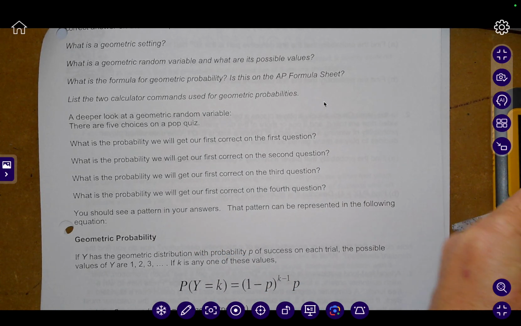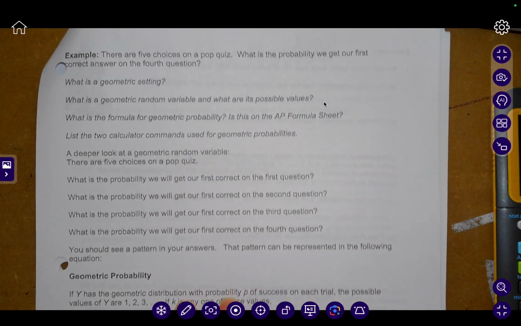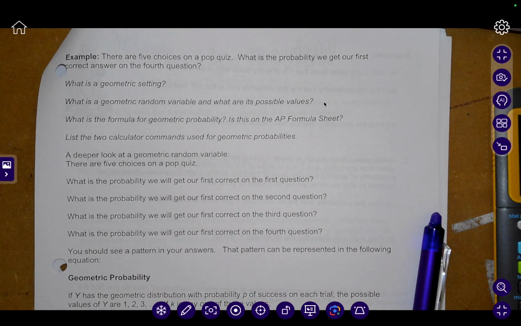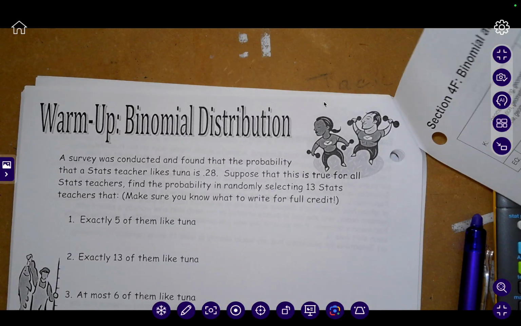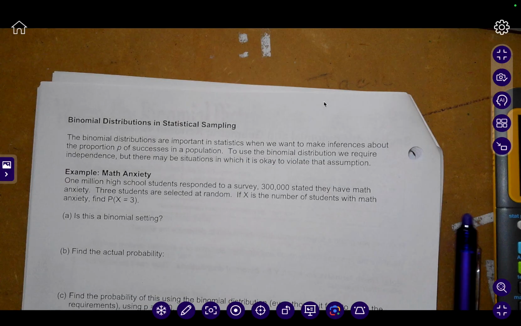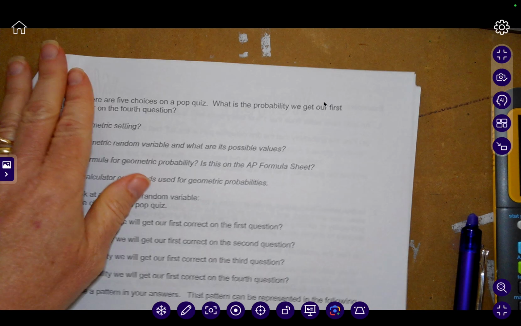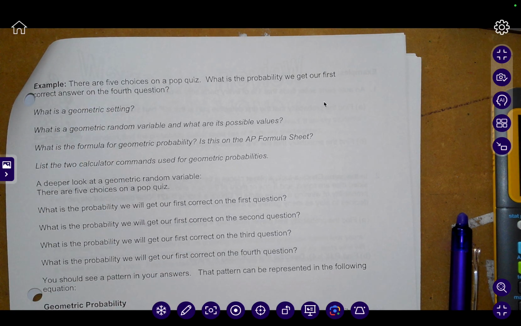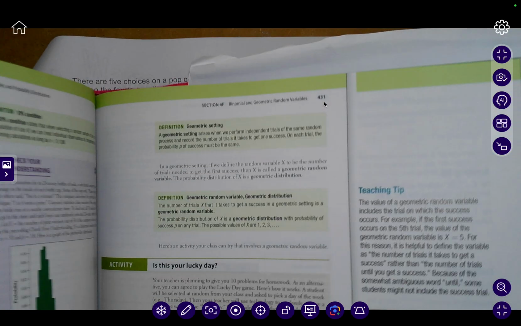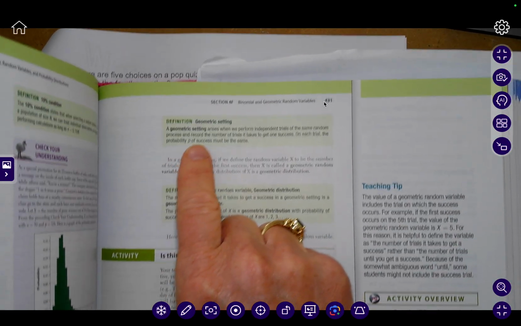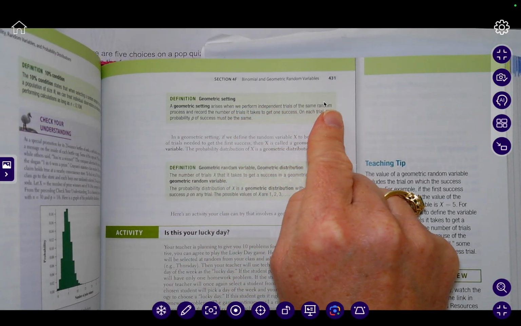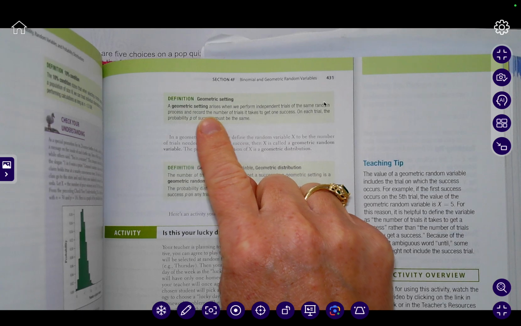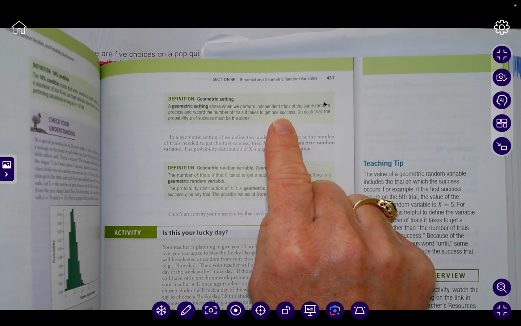All right, switching gears a little bit. Not everything follows a binomial. There's also something called a geometric setting. A geometric setting is where we perform independent trials of the same random process and record the number of trials it takes to get one success.